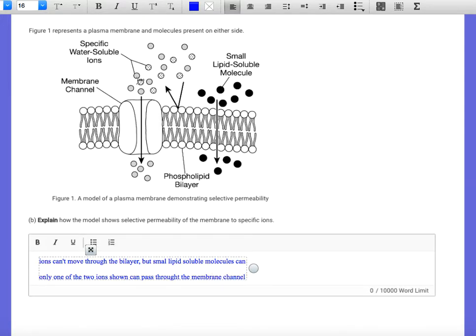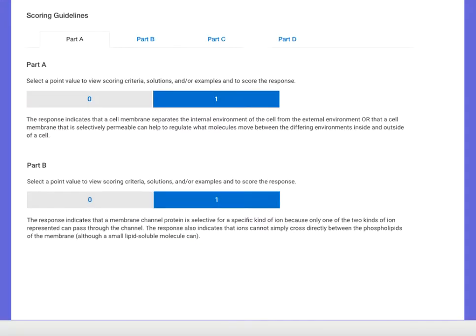I see these shaded ones going through and these stippled ones can't.